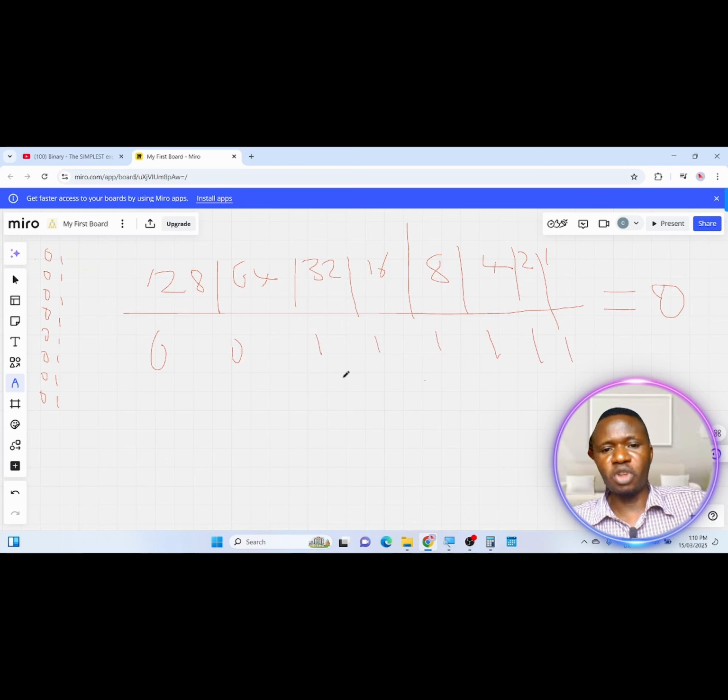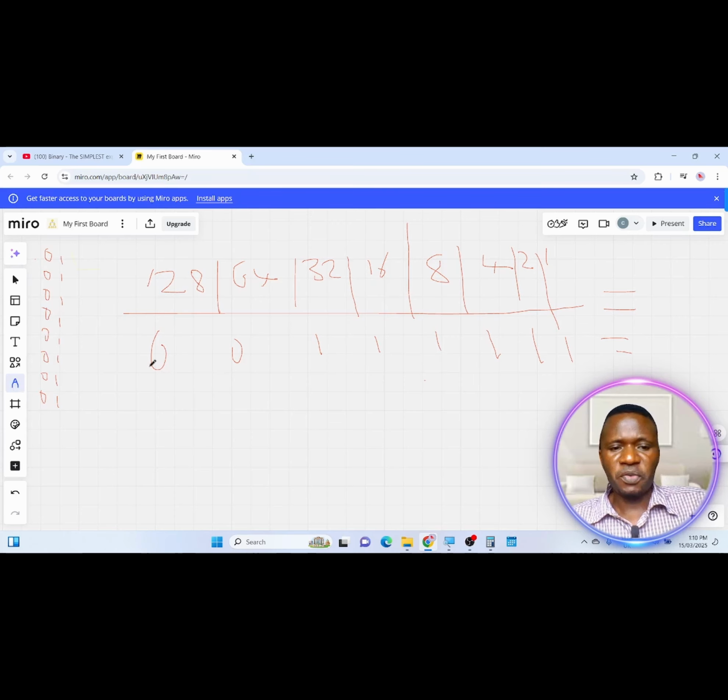So solve this number and then submit it. I am going to give you an answer in 5 seconds. So if you convert this 00111111 correctly, you will end up having 63. So 63 is the decimal value of this binary number.